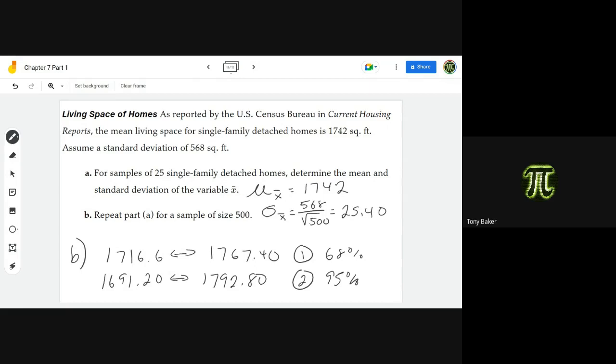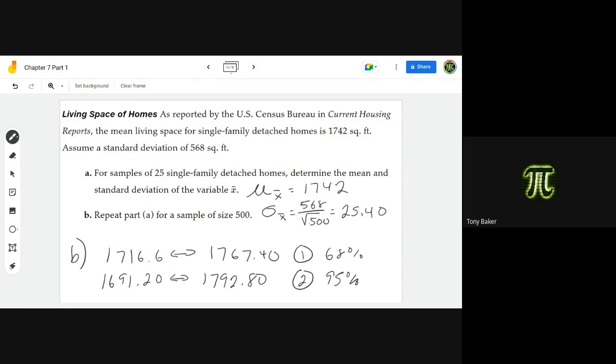What if I did a sample size of 3,000? So we're within 10 square feet of the actual range, right?